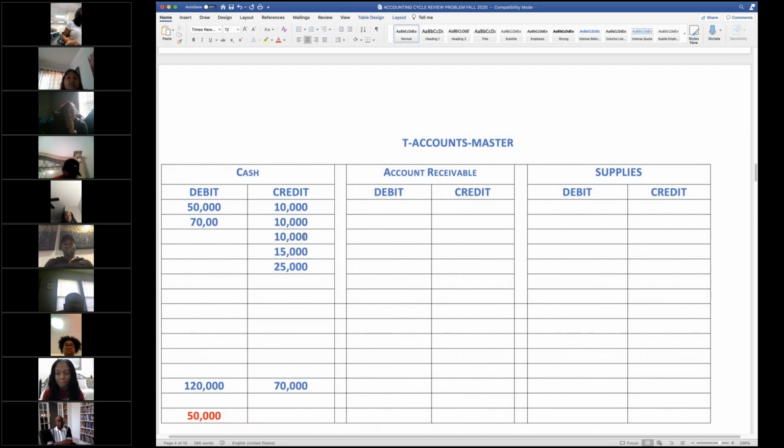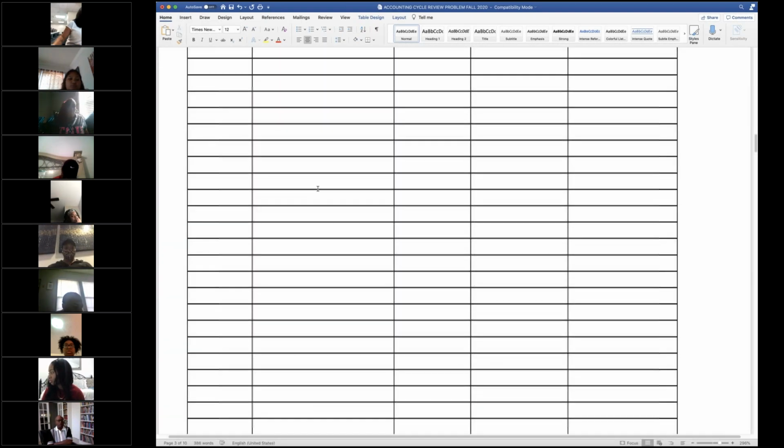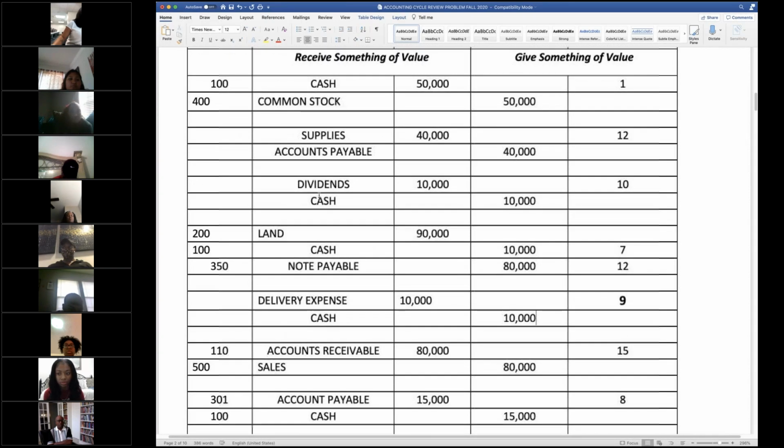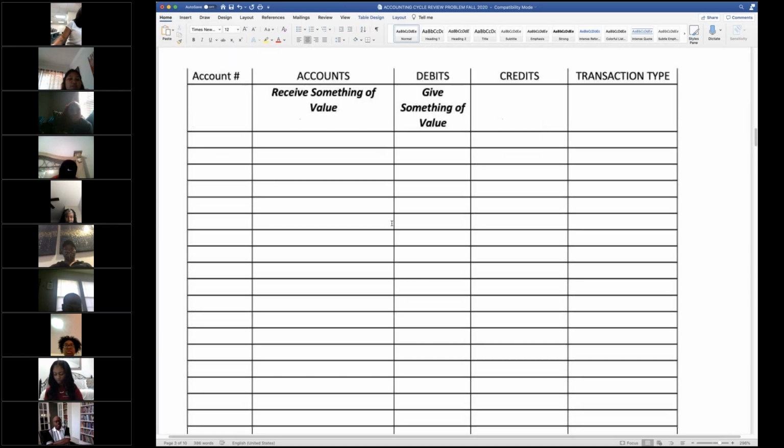Shouldn't there be a 10,000 on debit because of number three? There's 10,000 on debit right there. No, but that one goes on dividends. Oh, yeah, you debit dividends, not cash. Okay. Let's go and post this one then. We debit the dividend.